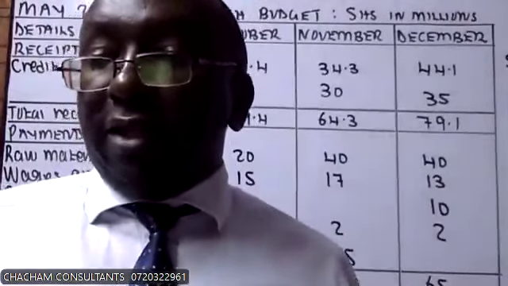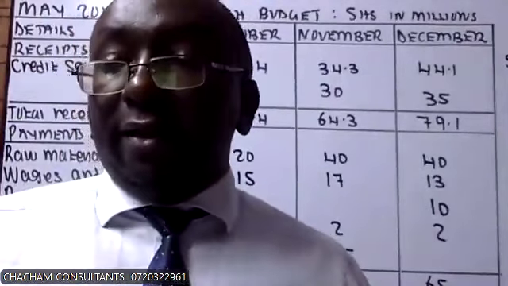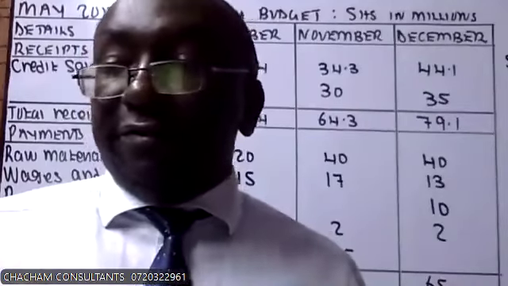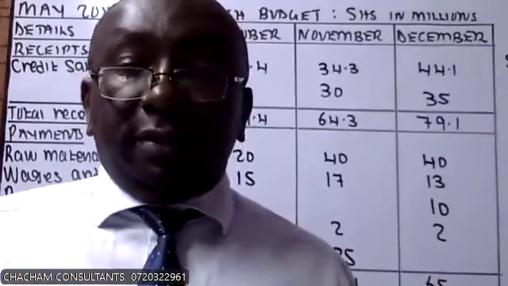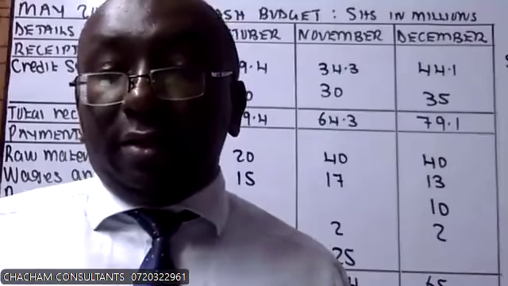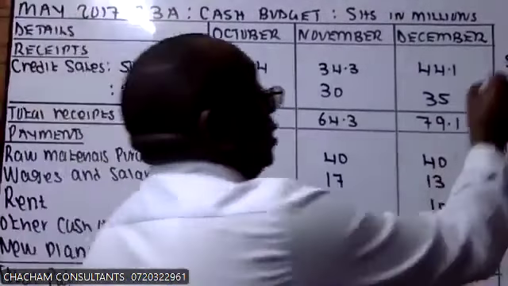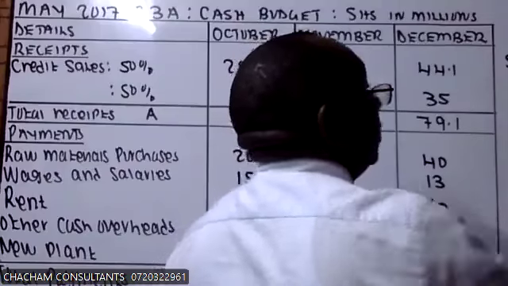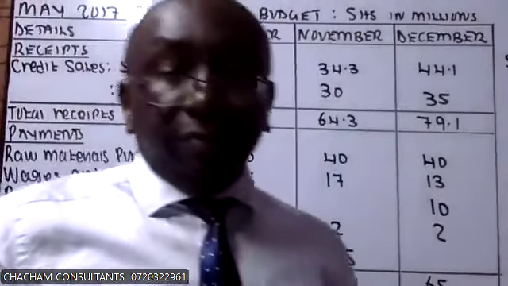The next one that follows says half of the debtors are expected to pay within the month of sale. Half is 50%. Is that okay? So you can either work it as 50% or say a half of 90. Half is something divided by 2.